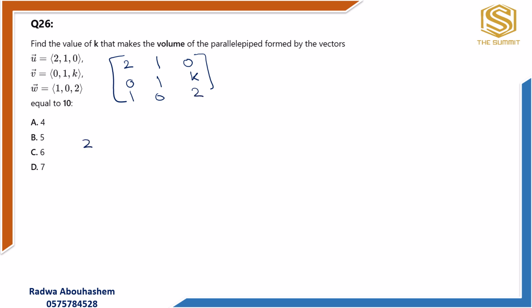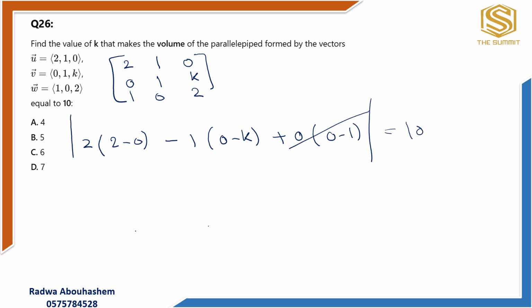So 2 times 2 minus 0, minus 1 times 0 minus k, plus 0 multiplied by 0 minus 1. And of course, the last part would be 0, so I could cancel it. All of this equals 10, and all of this is the absolute value, okay?